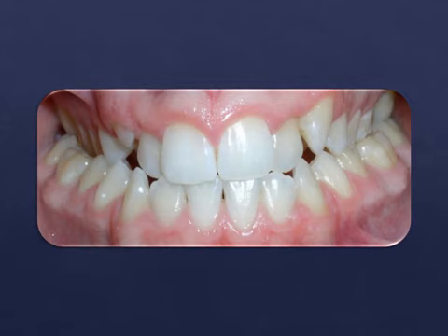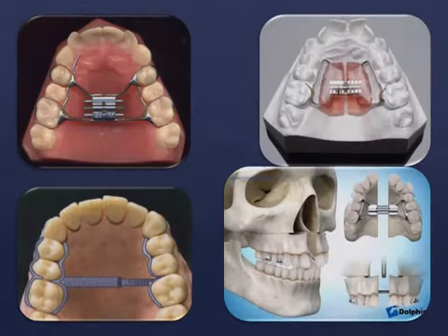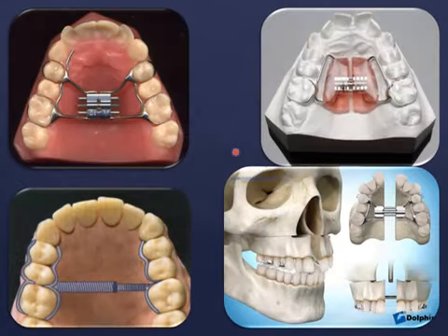This is a case of bilateral buccal crossbite. This is a rapid maxillary expander, the Hyrax type. And this is also a rapid maxillary expander, the Haas expander, and this is a rapid maxillary expander which is called the Isaacson expander.